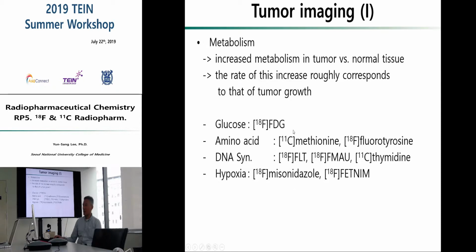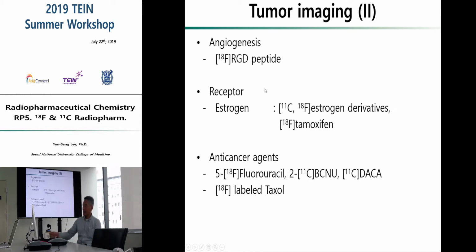We have FDG, methionine, FLT, and misonidazole. And another imaging agent is related to the RGD peptide, which can visualize tumor angiogenesis, and also receptors. Sometimes for the estrogen receptor, you can use estrogen derivatives, or sometimes we can label the anti-cancer agent directly. Then we can see the distribution of the anti-cancer agent.